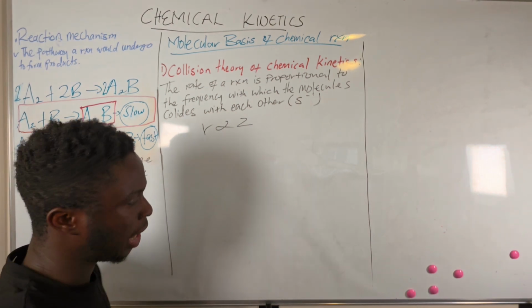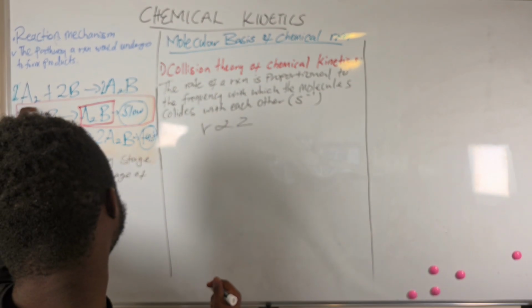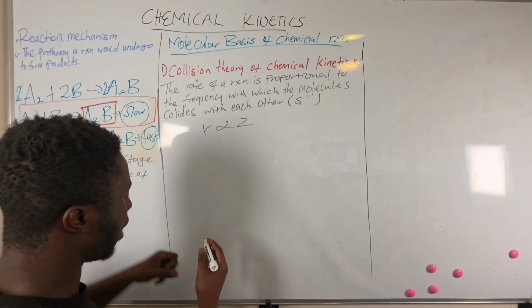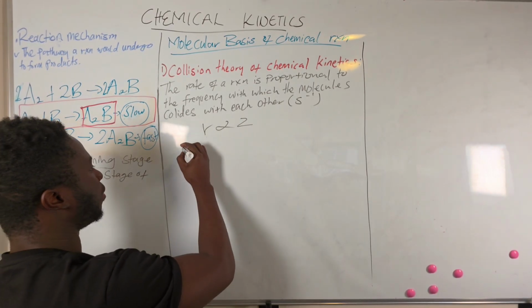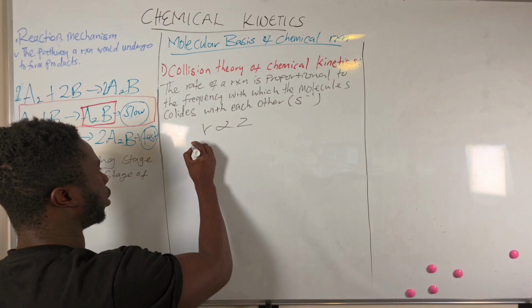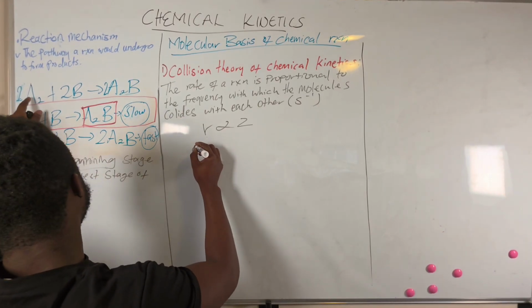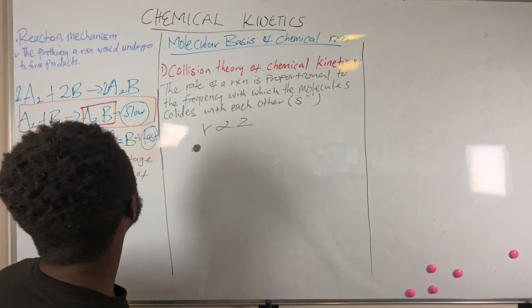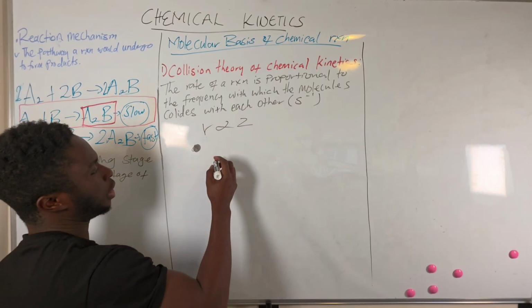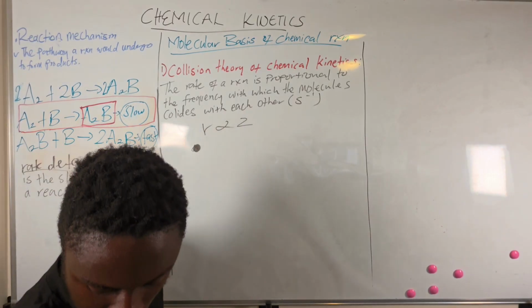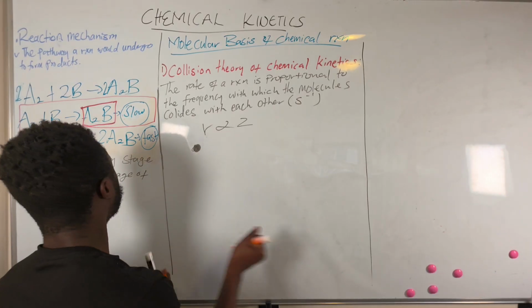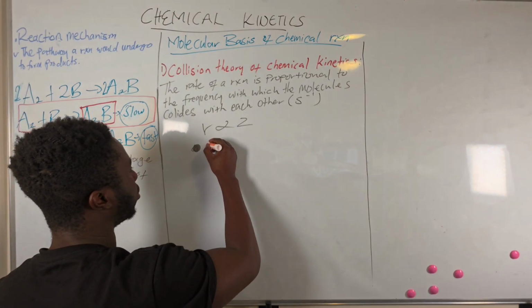Let's say, for instance, if we have compound A2 over here, combining with 2B, or B over here, right?